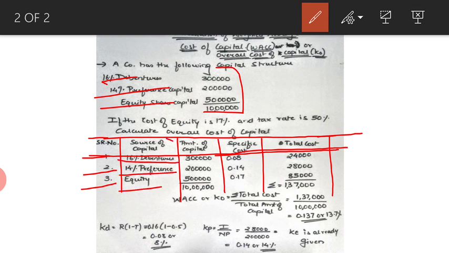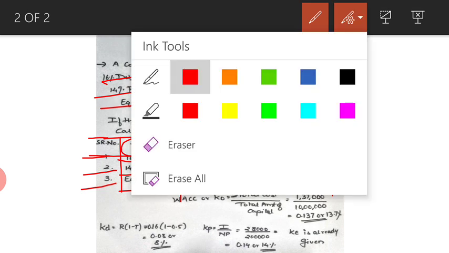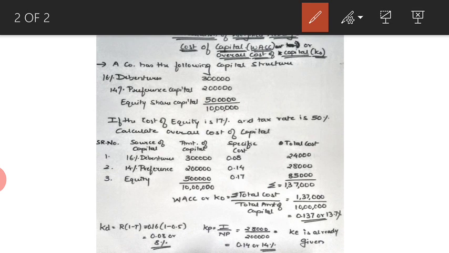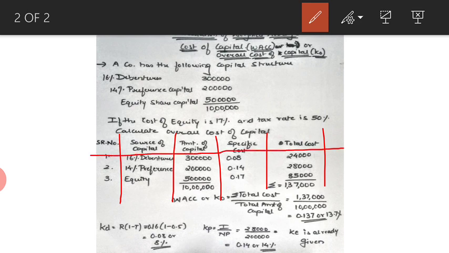The second column talks about the source of capital, so we have to write down all the sources. I'll just draw these lines for bifurcation. There are 3 sources of capital: debentures, preference, and equity. Then we have to write the amount of capital, which is already given here. Debentures is 3 lakh, preference is 2 lakh, and equity is 5 lakh.